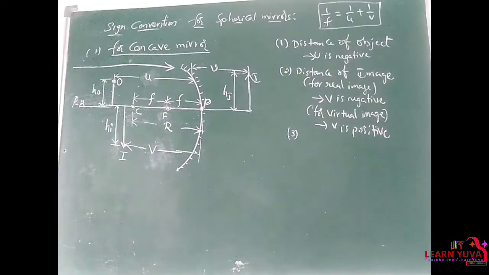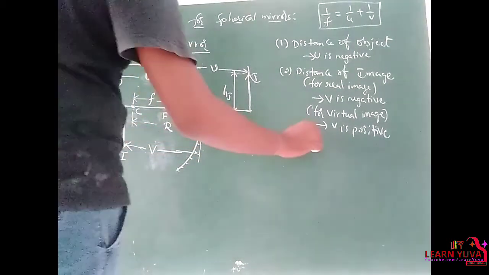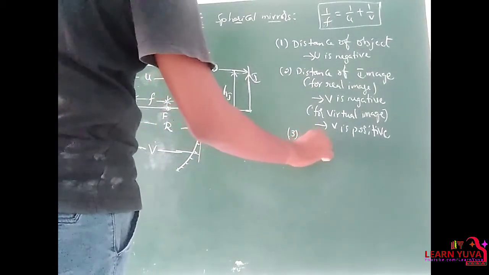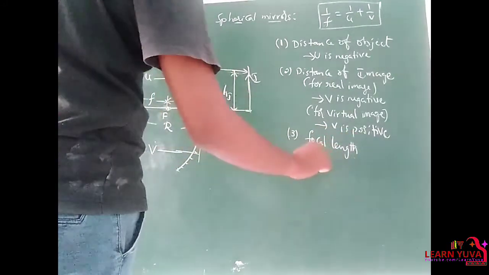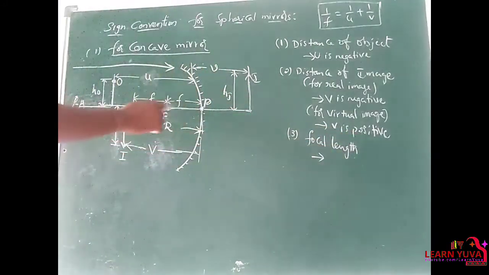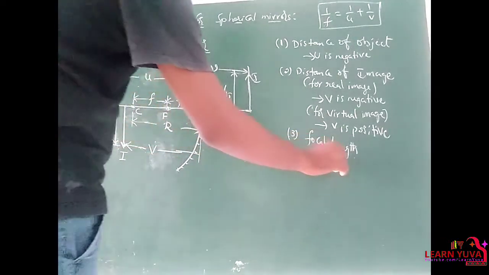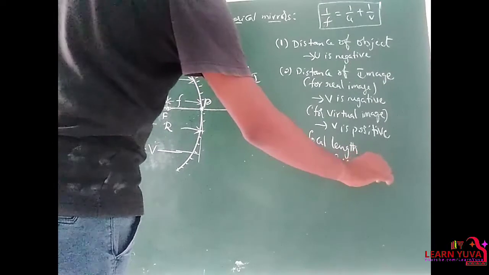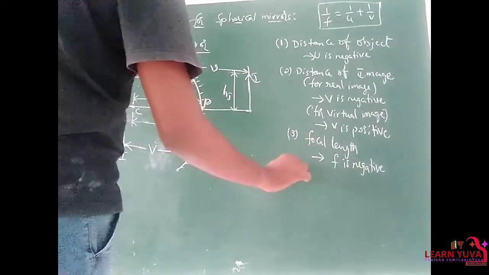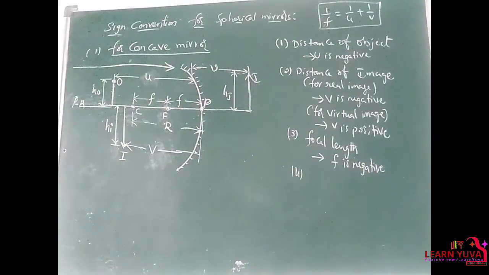And focal length, it is nothing but focal length f. So f is negative.